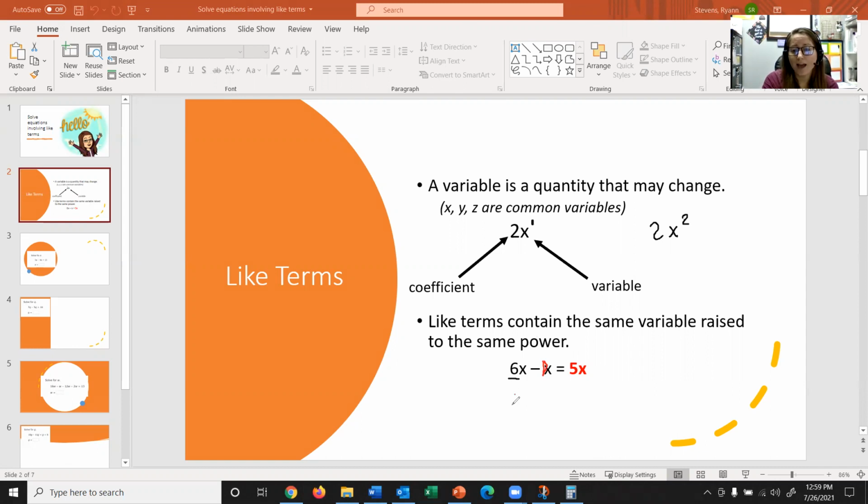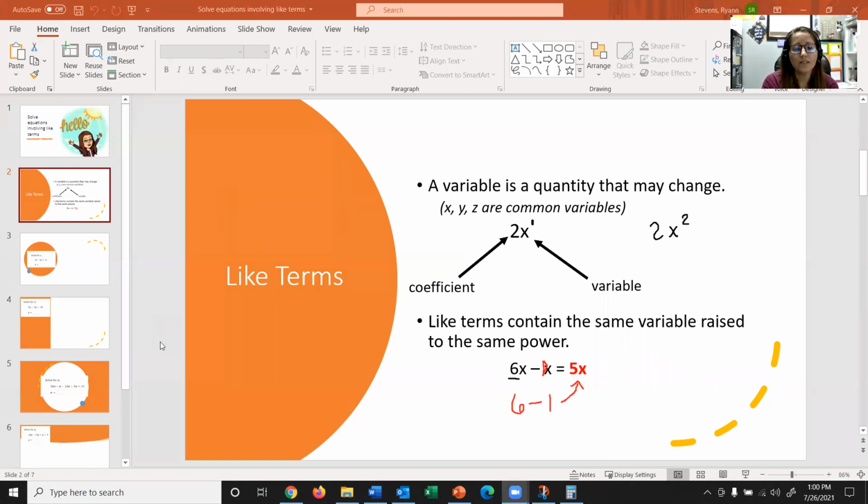So in this case, we actually can combine these terms by saying 6 minus 1, and that's going to give us this 5, and then we're going to leave the variable there, okay? Because we still don't know what that variable is, but we know that if we combine those terms together, it'll make it easier to solve when we do know what the variable is.